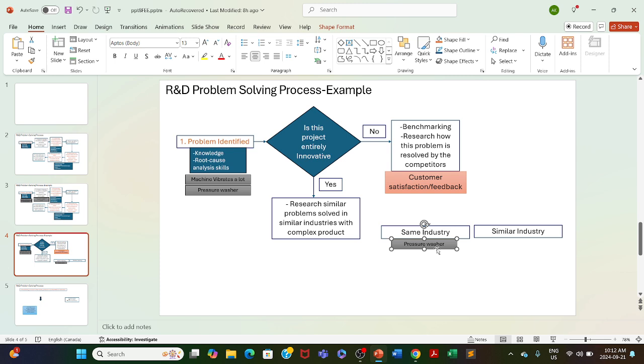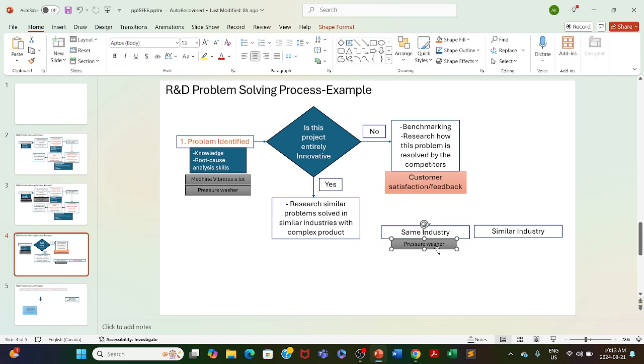Say, what are the similar products? The output of this pressure washer is a high pressure fluid jet, for washing purposes. But if you think of this as generating a certain level of power output, which can be integrated into different systems, what are those systems? For example, the grass cutter can be one industry.